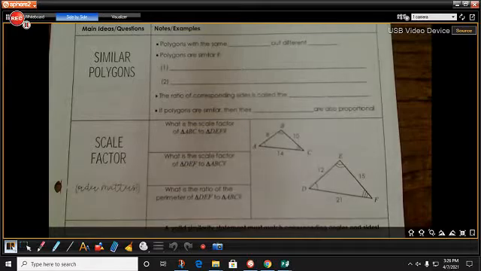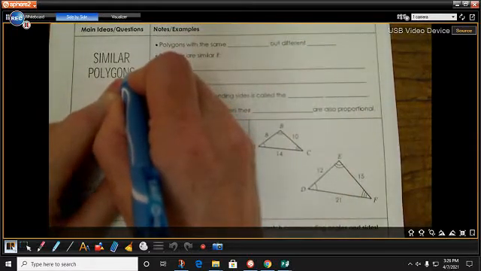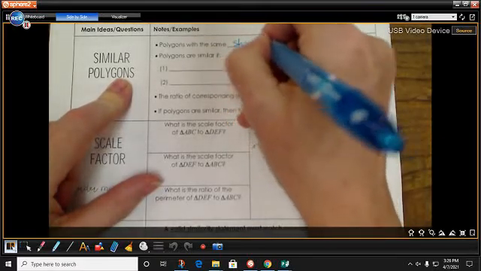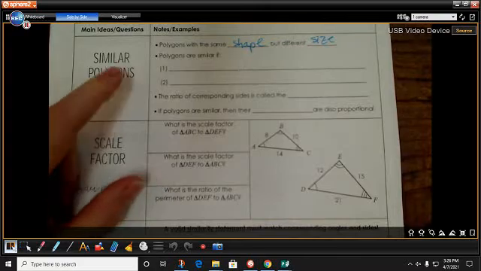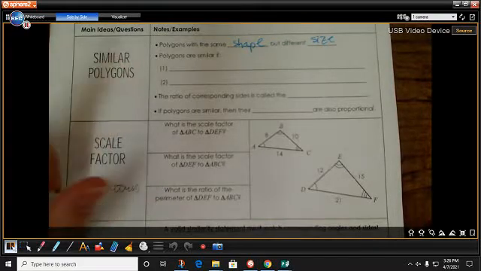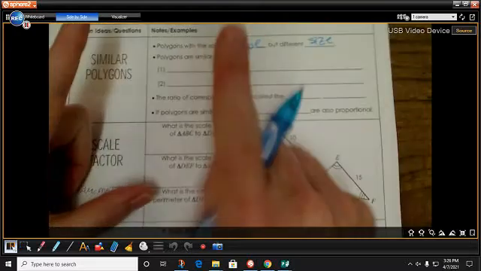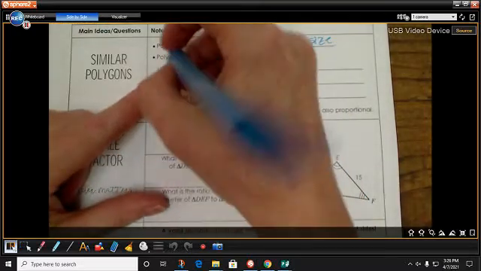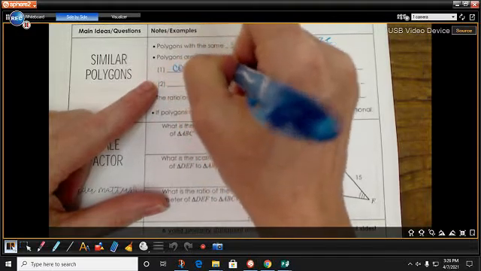Okay, so for similar polygons now, a similar polygon is a polygon with the same shape but different size. And we have mentioned things being similar before. And so we can tell things are similar without being told if we see certain things are true. The first thing that needs to be true is that corresponding angles have to be congruent.